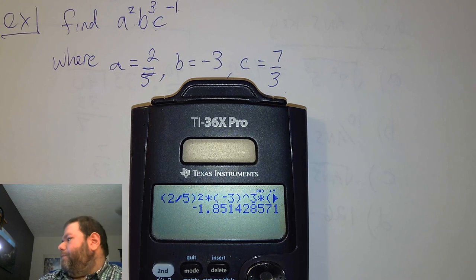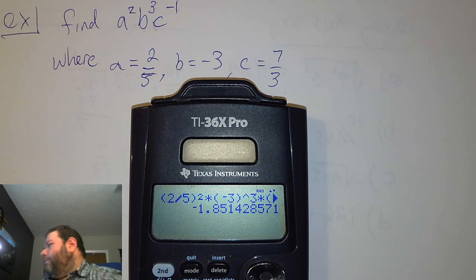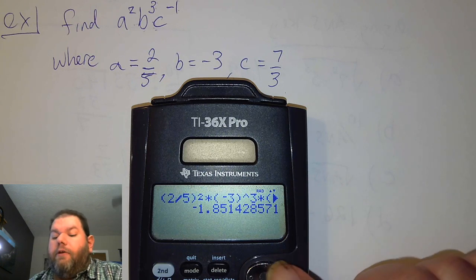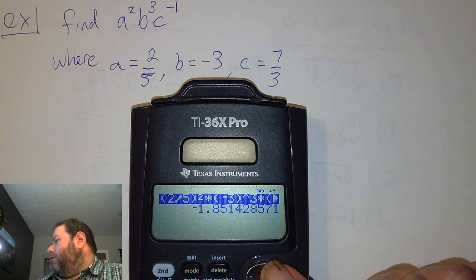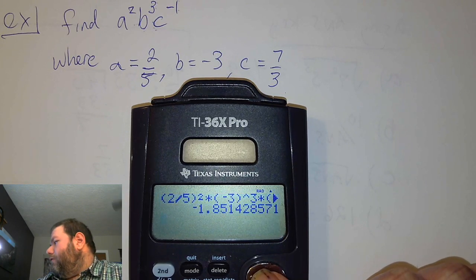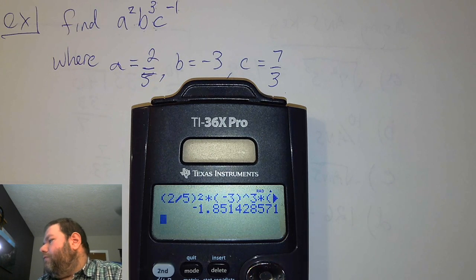Okay. So again, going across, we did 2/5 to the second power times -3 to the third power times 7/3 to the -1 power.